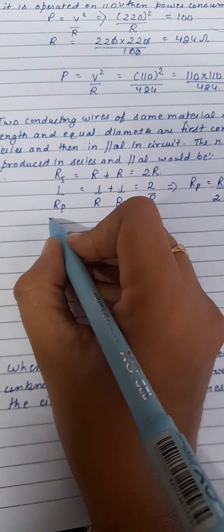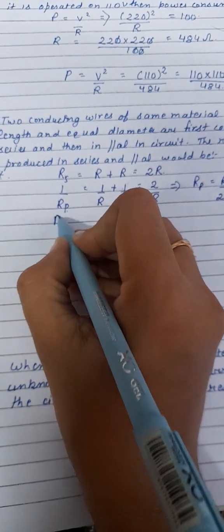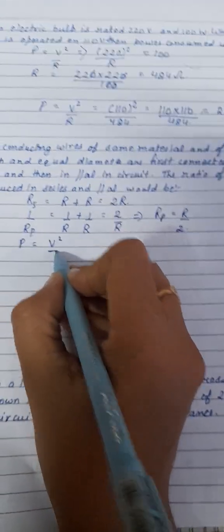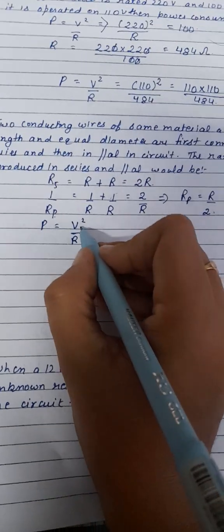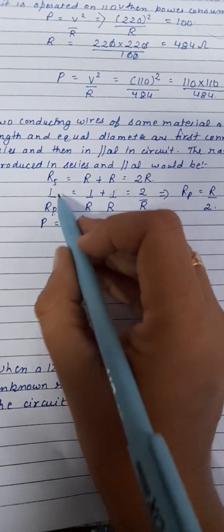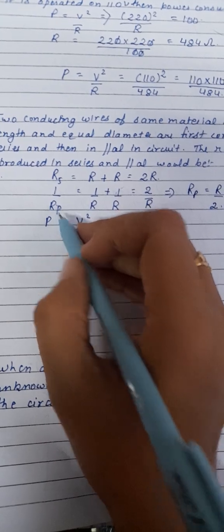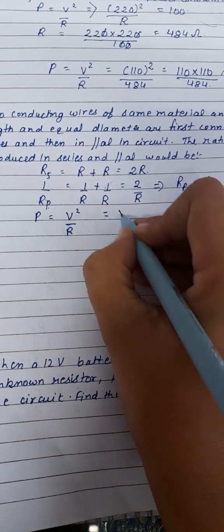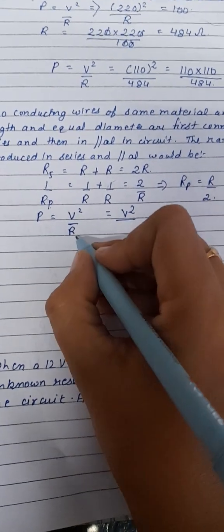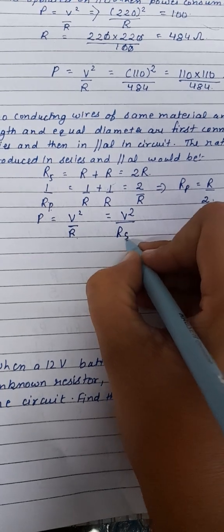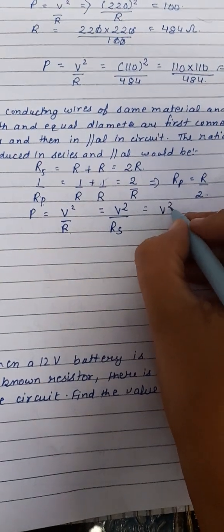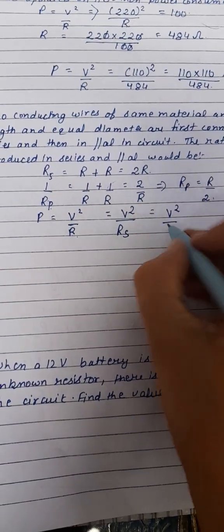Next, you have to find the heat produced or power, that is equal to V square over R. Next, you have to find Rs and Rp. V square as it is, divided by Rs. Now V square, put the value of Rs here, that is 2R.